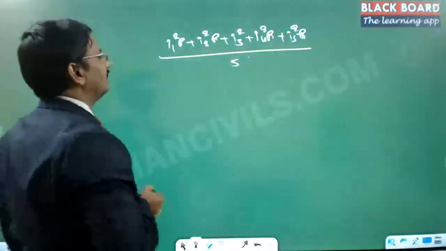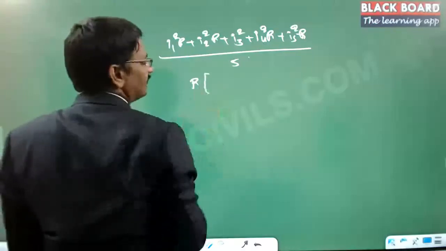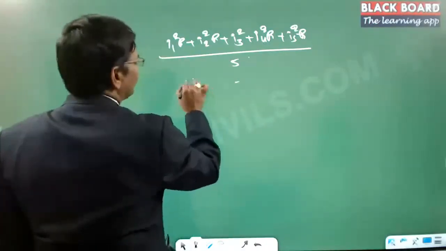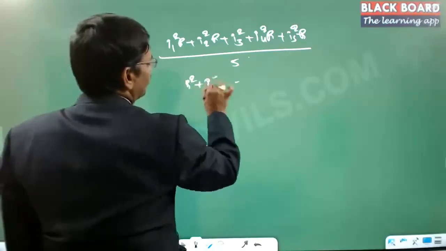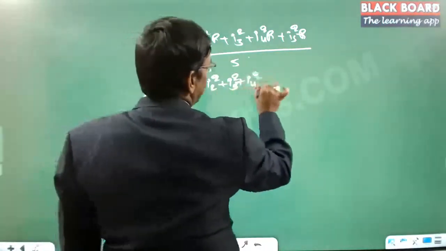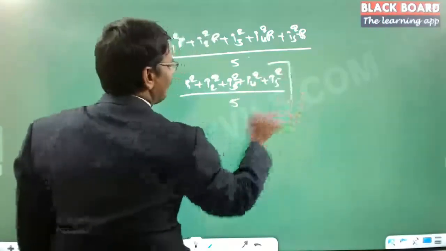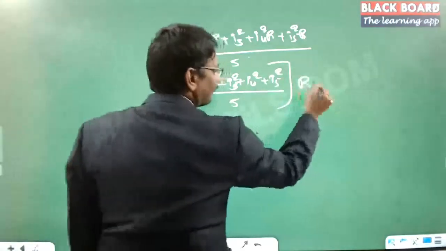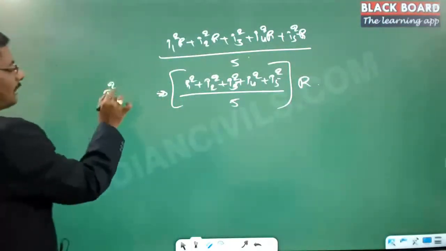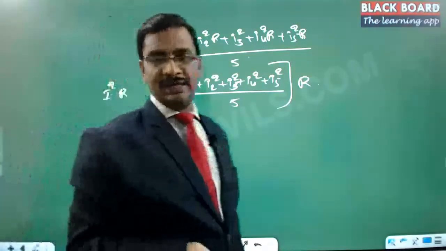Right, 5 values we have taken, and if you take R common, I'll write it on the right side: I1 square plus I2 square plus I3 square plus I4 square plus I5 square, whole divided by 5, multiplied by R. So this I can equate to I square R, which is the equivalent current which can produce the same amount of the heat.